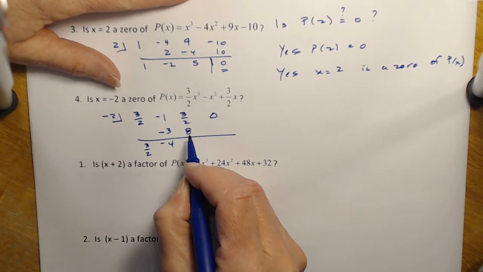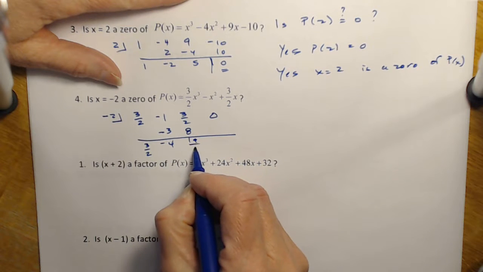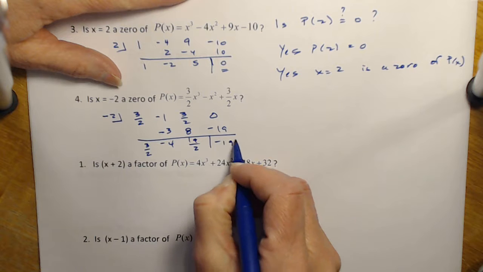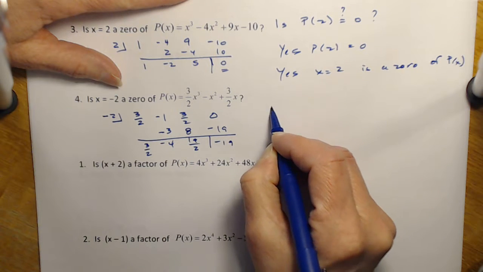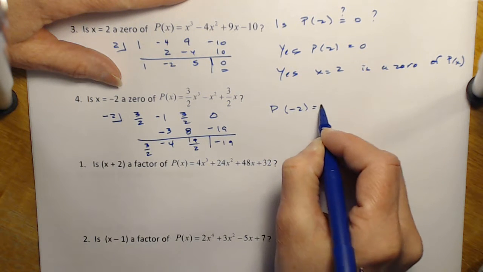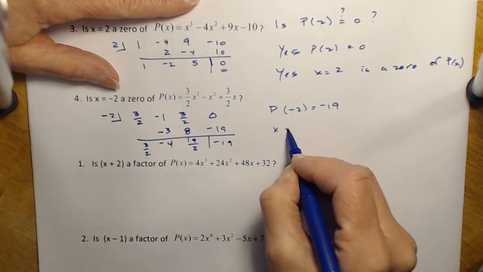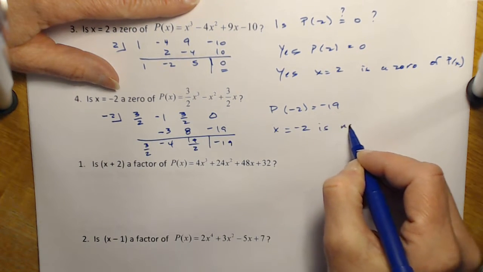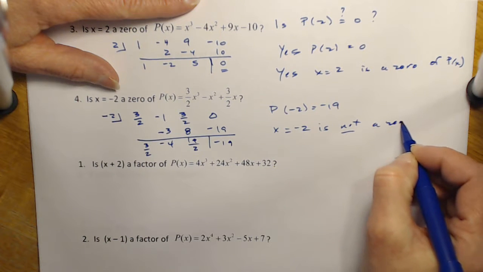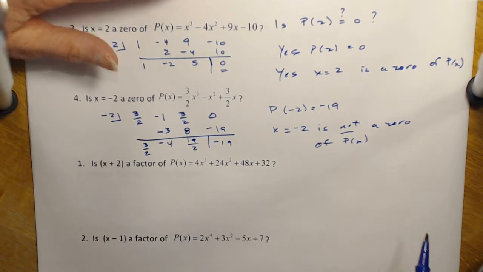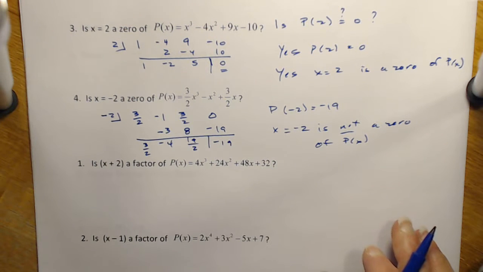Add, remember this is 16/2, so this would be 19/2. Multiply. Yeah. So our remainder is -19. So p of -2 is -19. Okay. So x equal to -2 is not a 0 of p of x. It didn't output 0, it's outputting -19.